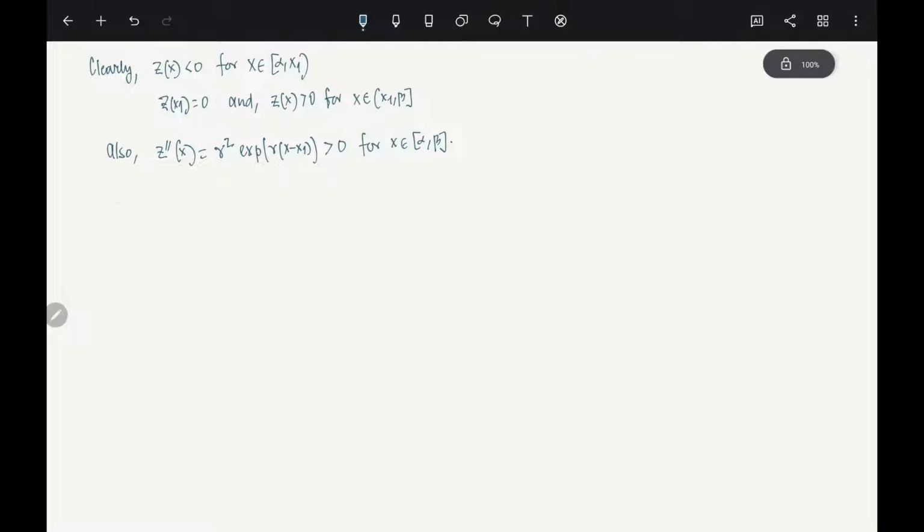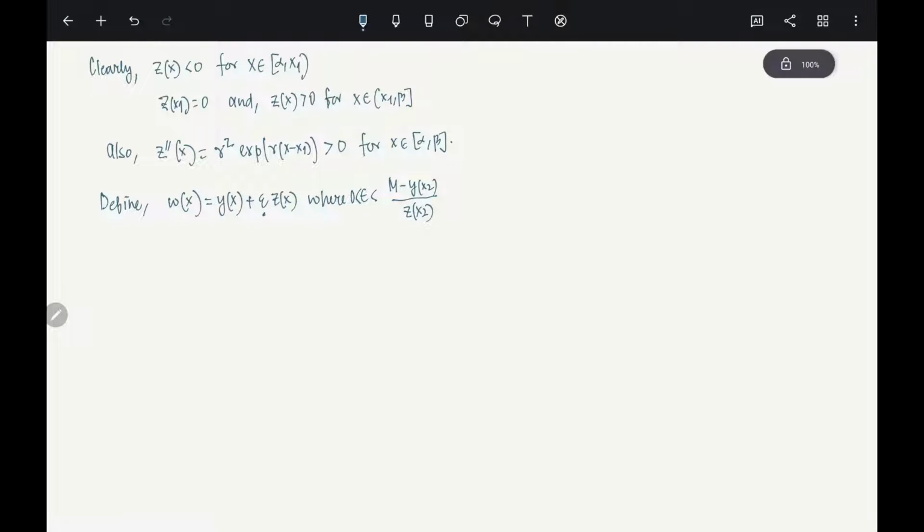Now what we will do is we define a new function. Define w of x, which is y of x plus epsilon z of x, where this epsilon we will specify here. You will see why we need this epsilon. Epsilon is positive and less than (m minus y of x2) by z of x2. Is this okay? We define this epsilon such that something like this happens.